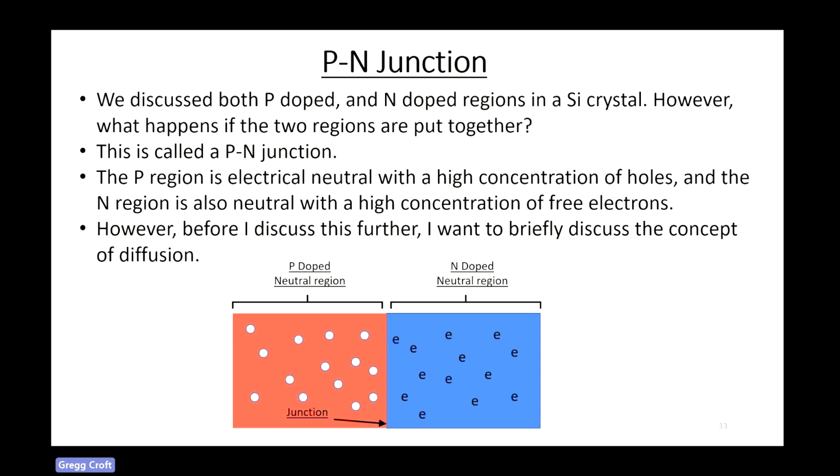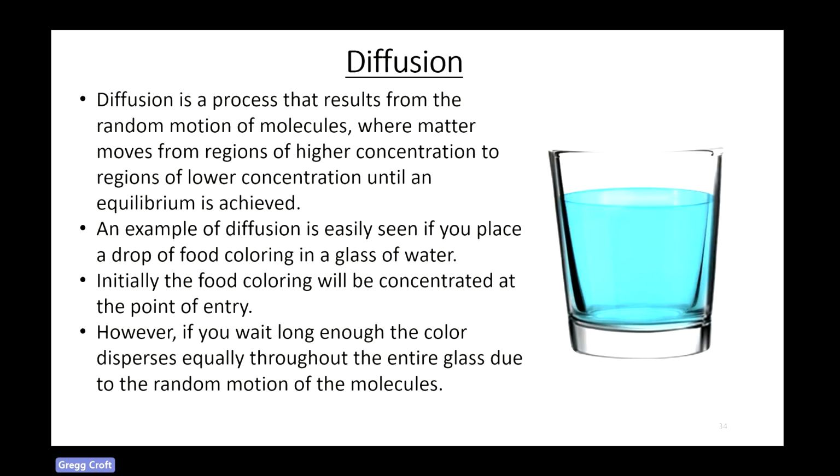However, before I proceed with this, I wanted to take an aside and just talk briefly about diffusion. We'll come back to electrical devices in a minute. I'm sure you're probably all aware of this, but diffusion is a process that results from the random motion of molecules. This is where matter moves from regions of higher concentration to regions of lower concentration until some equilibrium is achieved.